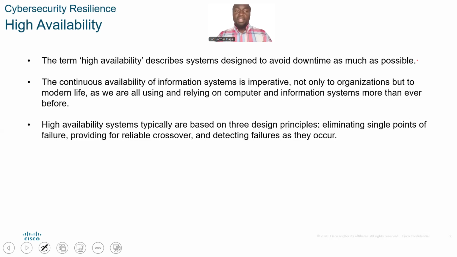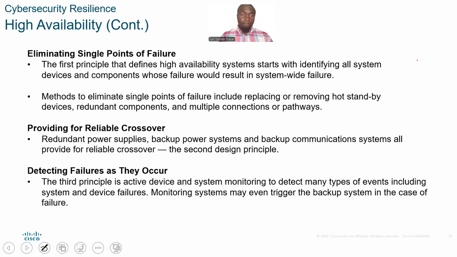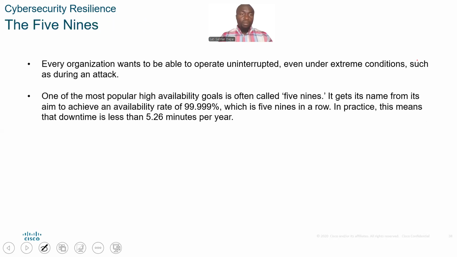So when you are looking at cybersecurity resilience, even when you are attacked, how can you still maintain activeness? Number 1 is high availability. Number 2 is to look at the concept of the five nines.